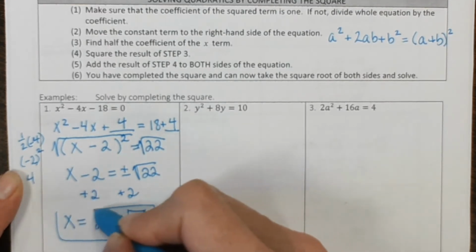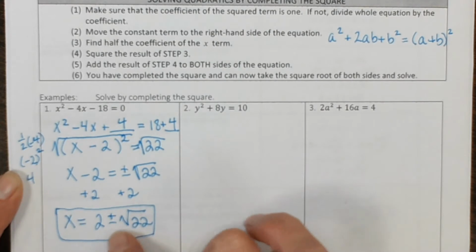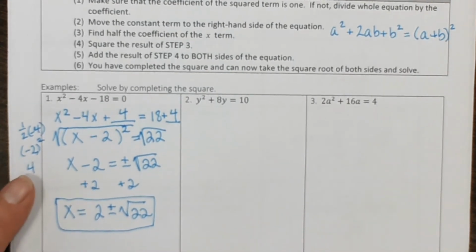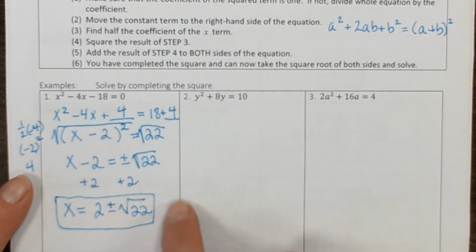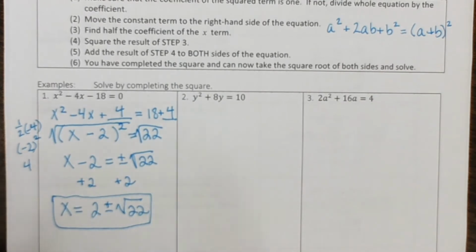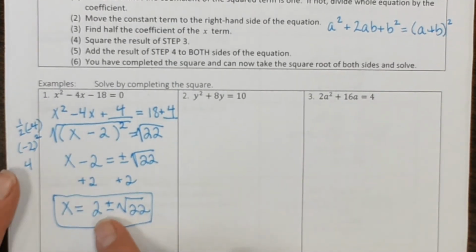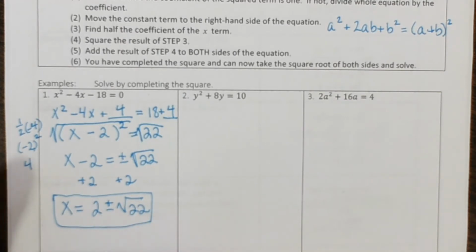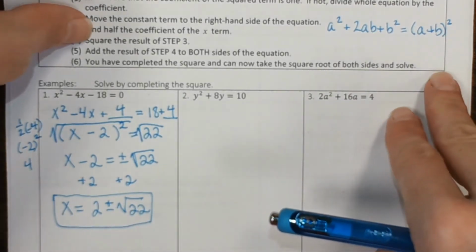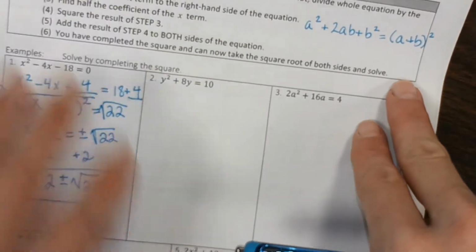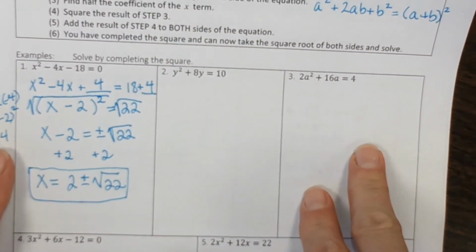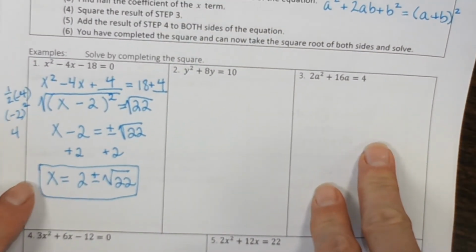It looks like one of those quadratic formula solutions, but this would be our solution. And if we wanted to graph it, we could put in our calculator 2 plus the square root of 22 and 2 minus the square root of 22, to get our 2 points that we could plot.